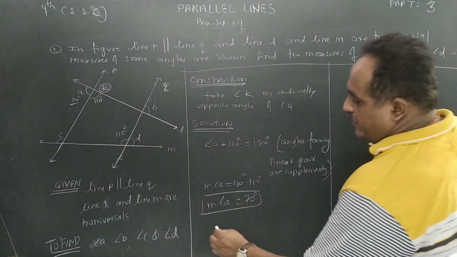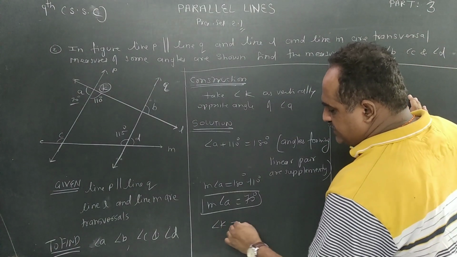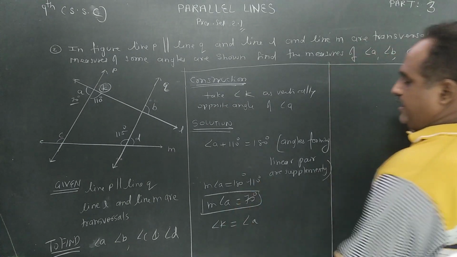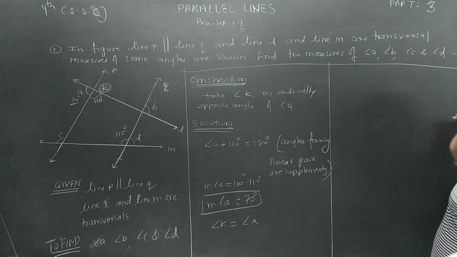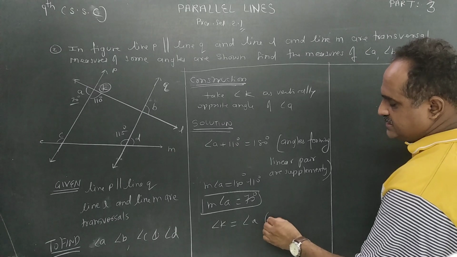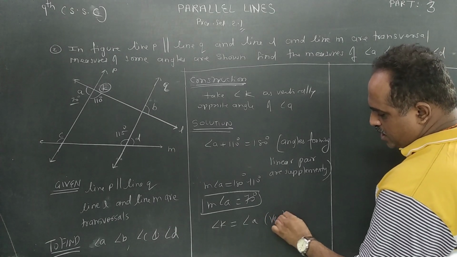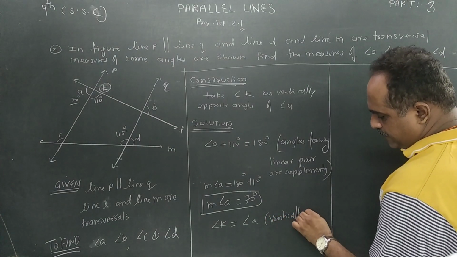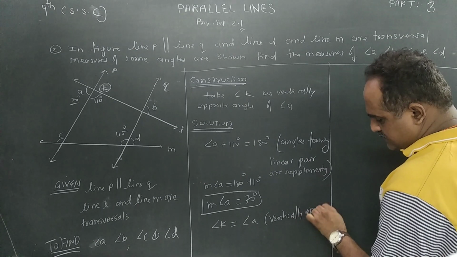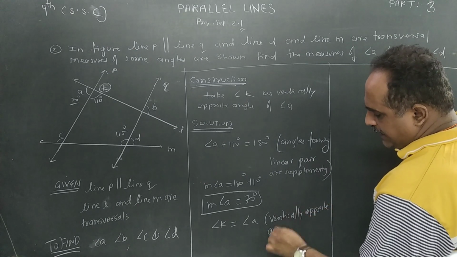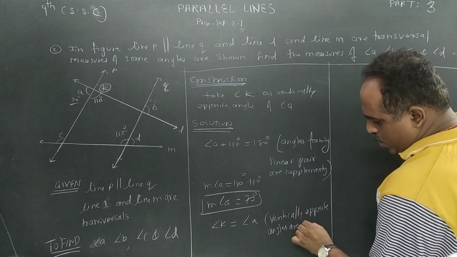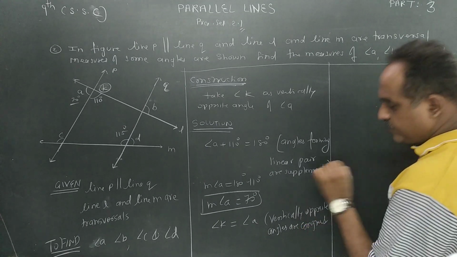So what you can write now? Angle K is equal to angle A. Why angle K is equal to angle A? तो reason क्या लिखेंगे? Vertically opposite angles are congruent.